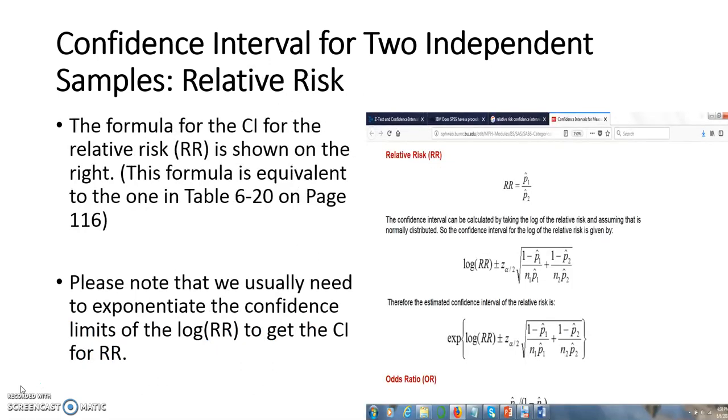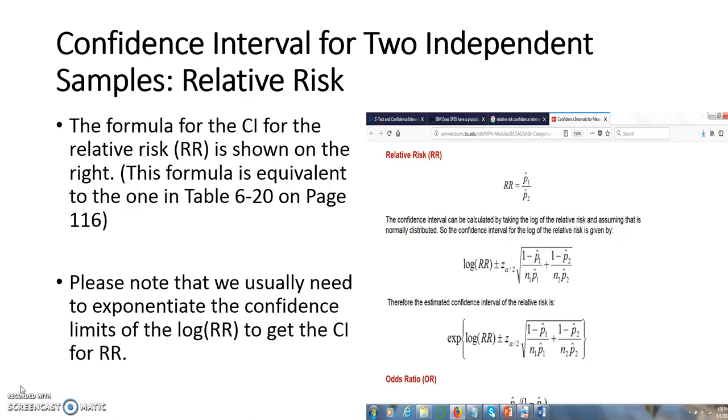Okay, and for relative risk, the formula is on the right-hand side. It can be found also in table 620 on page 116, so please review that.